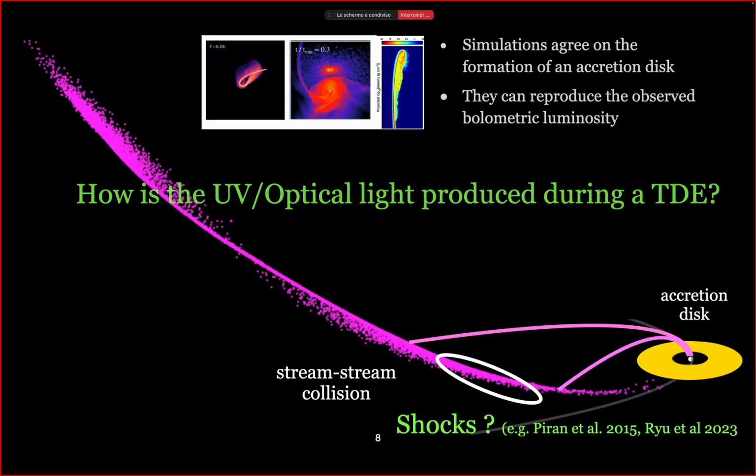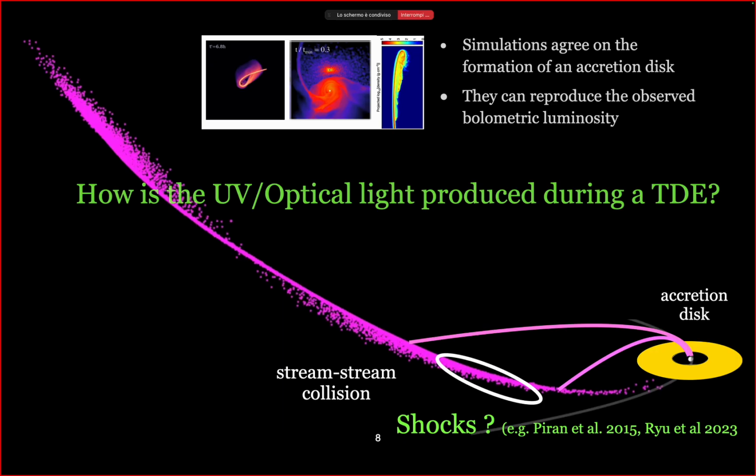And, sorry, you said the mechanism by which the accretion disks form is unknown, but simulations agree. Yeah. So the idea is that at the stream-stream collision, an outflow will form from the collision, and some gas in this outflow will be bound, and so it will start to circularize.